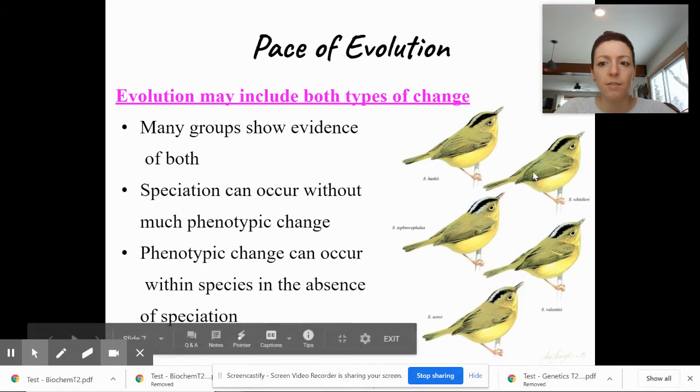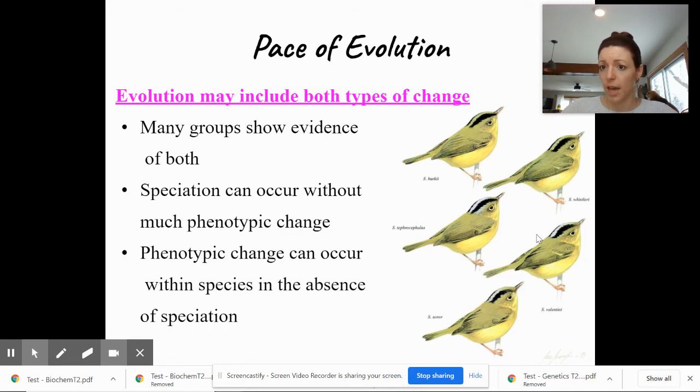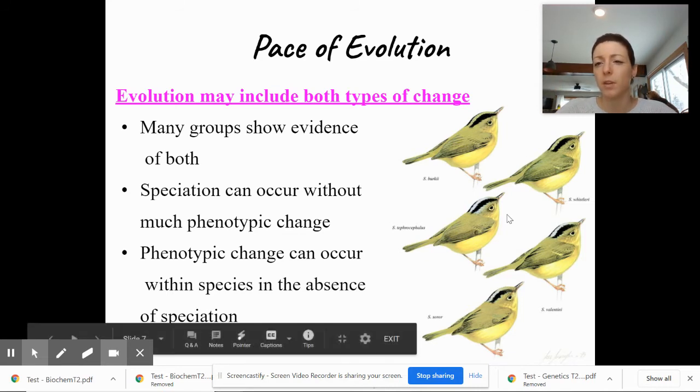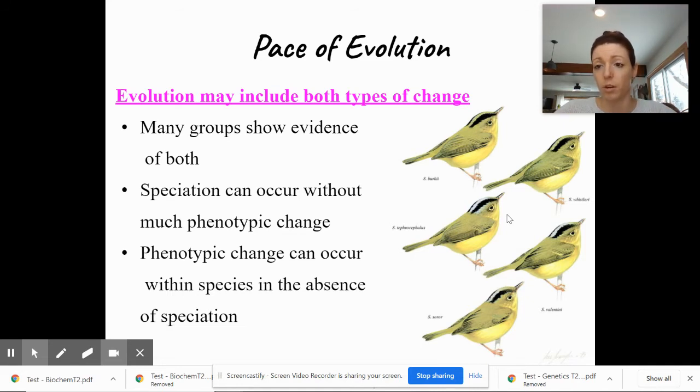So they haven't had a lot of physical change, but they don't usually crossbreed. You know, a redstart stays with a redstart, and that's that. So if you have time and you're bored, go look up warblers and just take a peek. It's really interesting that they can stay sorted out with each other.